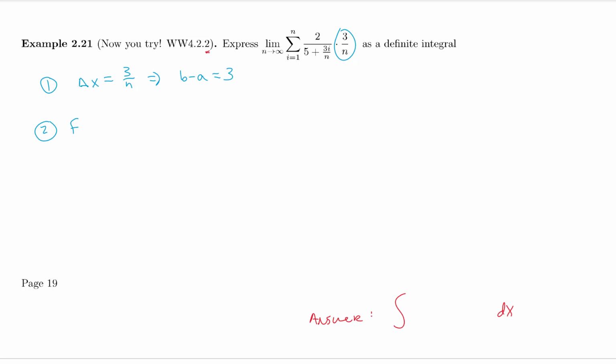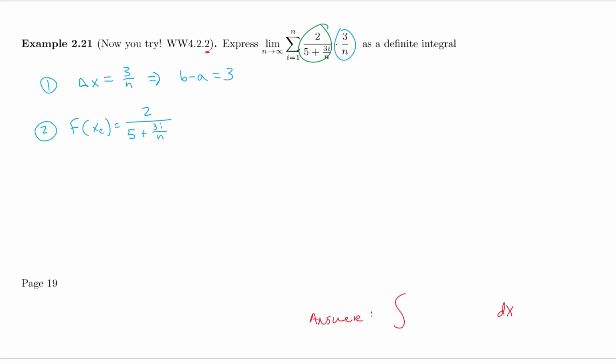Second, we know that the function that we're plugging our endpoints into to find our heights is the other part of the equation. So our function is 2 over 5 plus 3i over n. That's our function of x sub i, if we are keeping our notation constant.